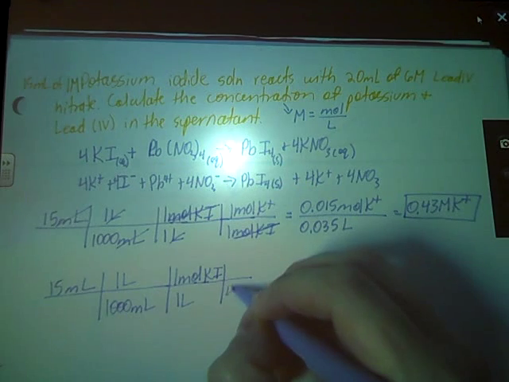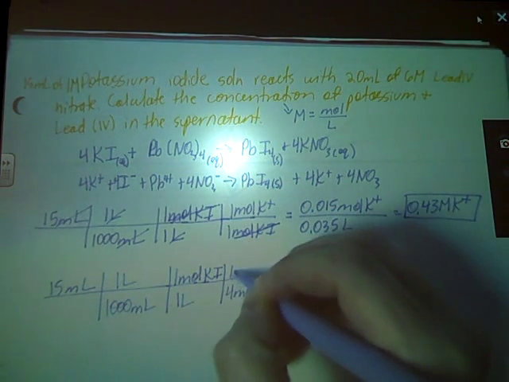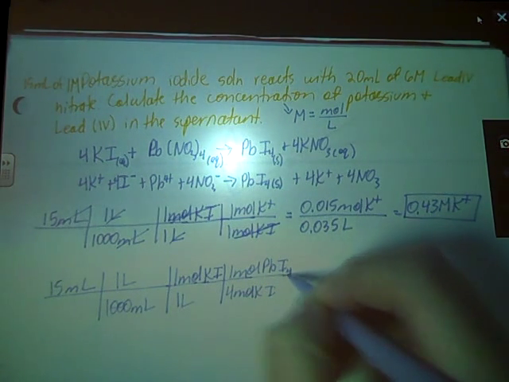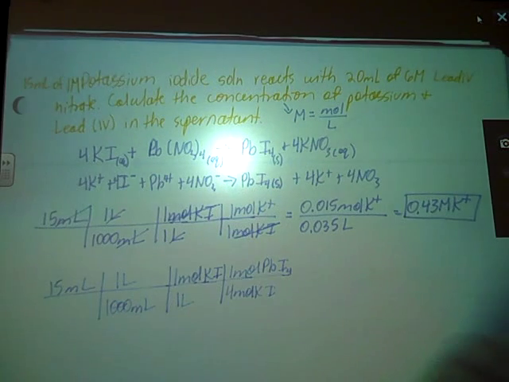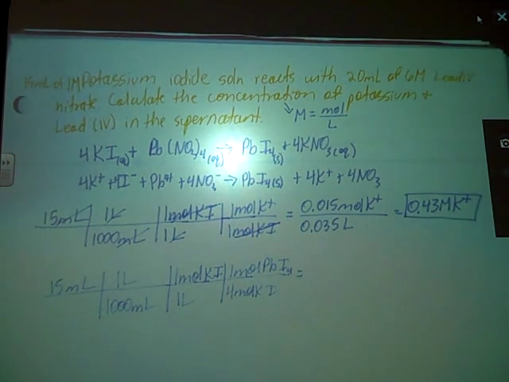Let's see, there's a 4 in front of there. A 1 in front of there. I'm actually going to stop at moles here just for the ease of my own calculations. So 15 divided by 4,000.